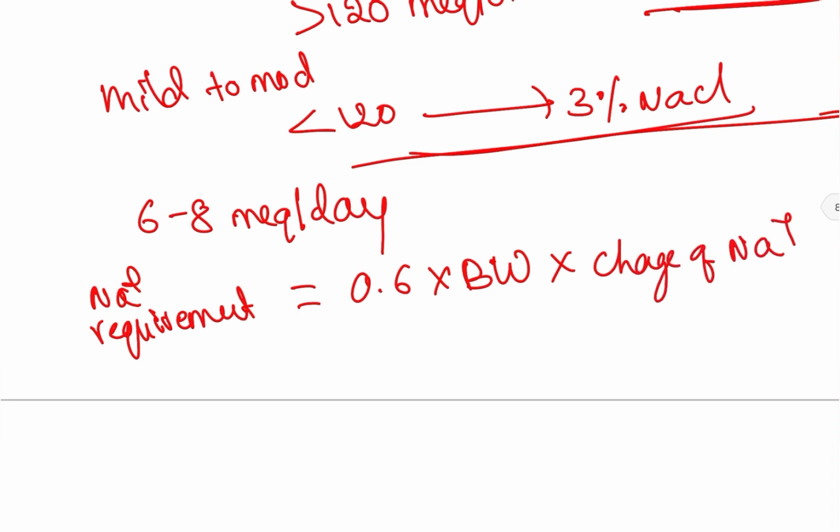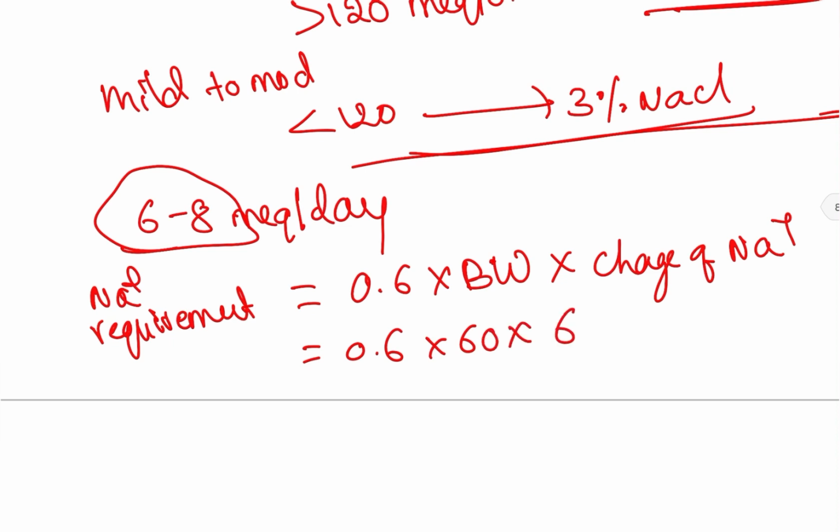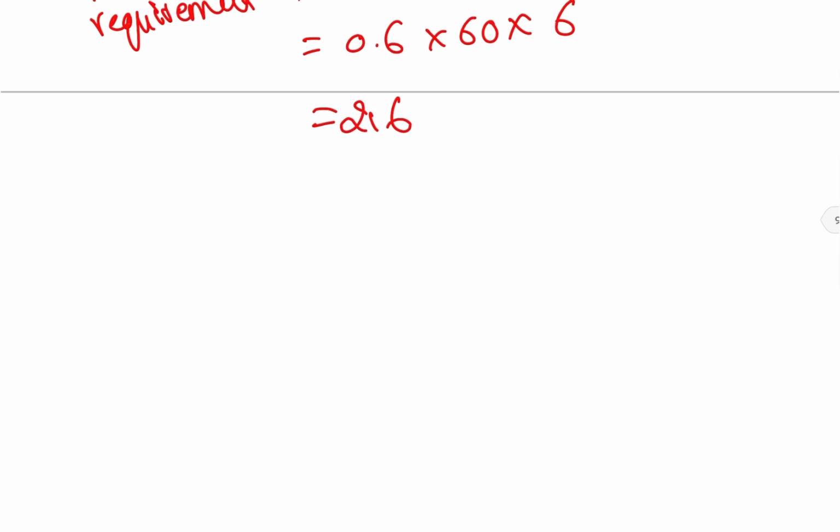The change of sodium we require is 6 or 8. So suppose a patient is 60 kg and the change of sodium we require is 6. So 6 into 60 kg into 0.6 is equal to 216. So his sodium requirement will be 216.